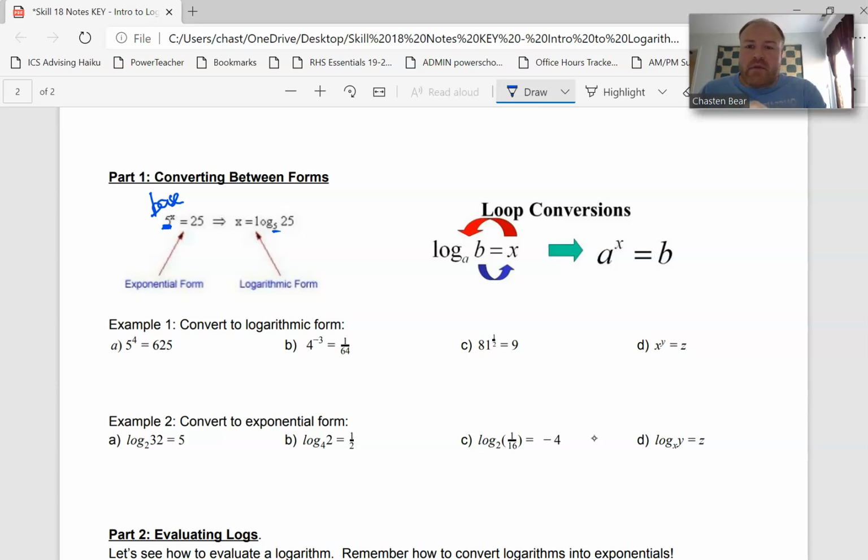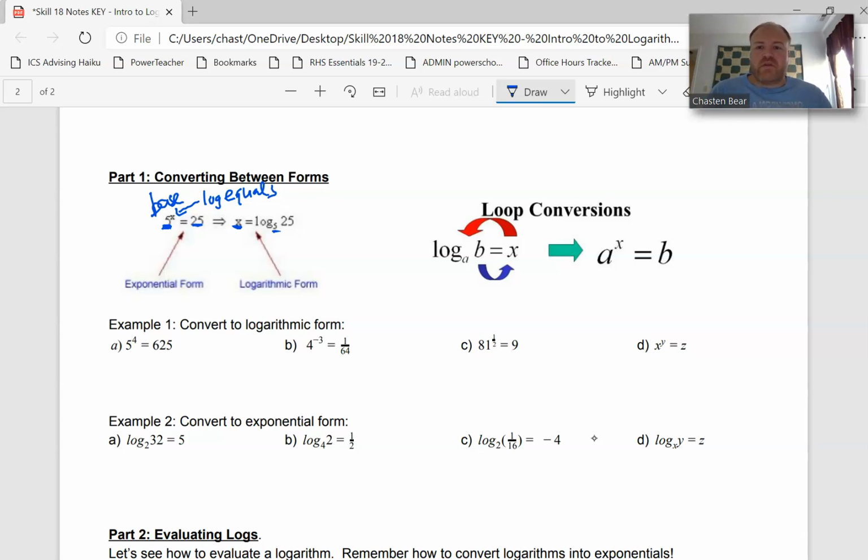The exponent, this is what the log equals. So whenever you write the exponential in log form, whatever your exponent in the exponential form is, that is what the logarithm is equal to, which then means that the other piece goes with the logarithm.